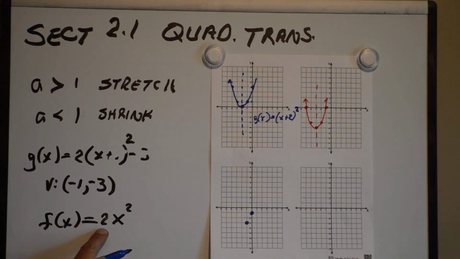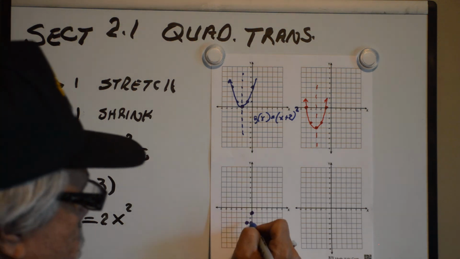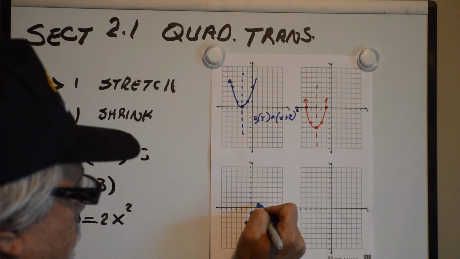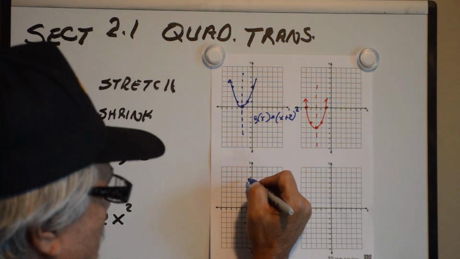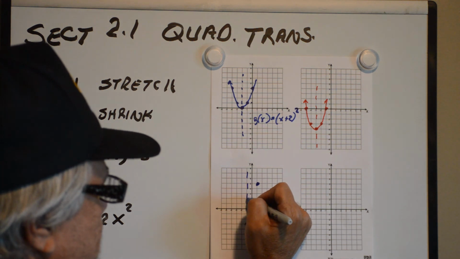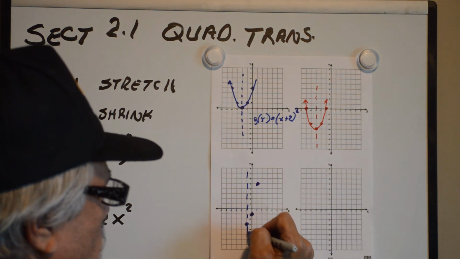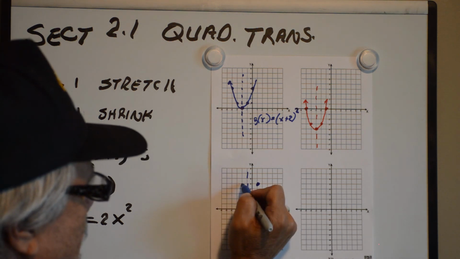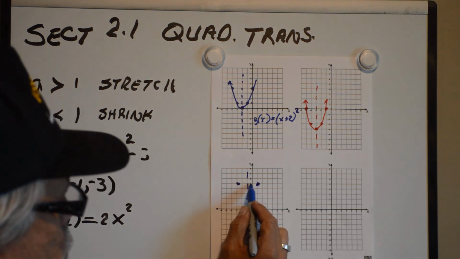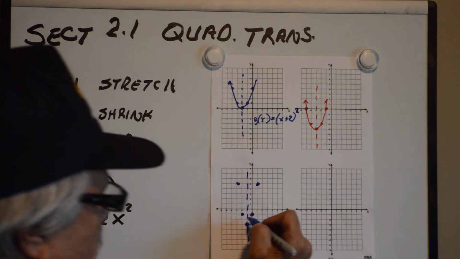But now because of that multiplier, it becomes 2 times 4, which is 8. So 1, 2, 1, 2, 3, 4, 5, 6, 7, 8. There we go. My axis of symmetry is x equals negative 1. My sister point is there, and my other one is there. 2 units away, 2 units away.